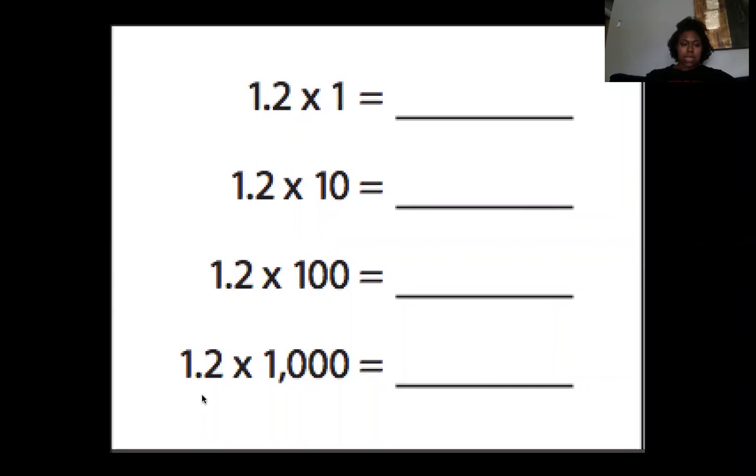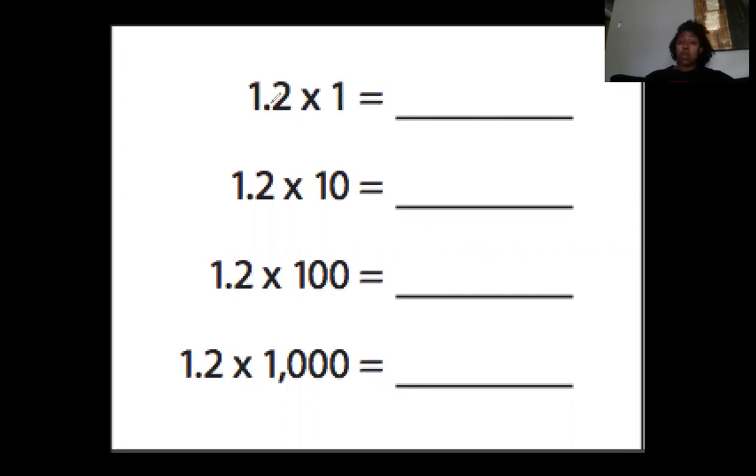All right, let's look at this example. So this one, we're going to do the same thing. I'm just going to show you what it means when you add a 0 to an already existing decimal, okay? So in this first one, we can tell there are no zeros in 1. That means our decimal point doesn't move.